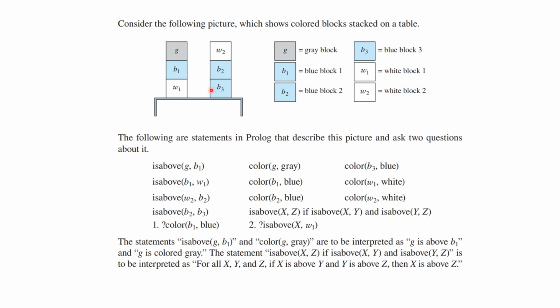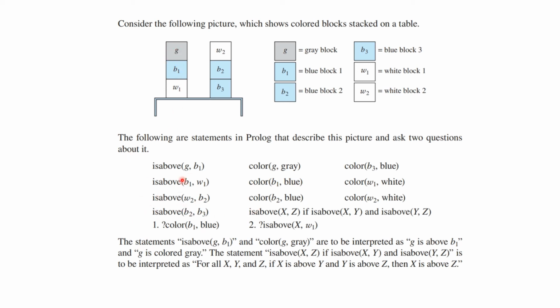So consider this picture. You've got blocks stacked, and they're colored, some of them blue and some of them gray, and some of them are numbered. Here are some statements in Prolog that describe the picture and ask questions. The two questions are asked down here, but it starts out saying some things. It tells you things about the blocks, and it also tells you relationships.